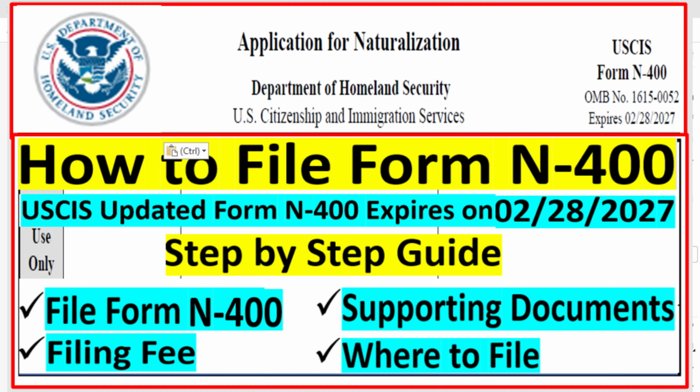They tell you in Part 4, list every location where you lived during the last 5 years if you are filing based on general provisions. If you are filing as a spouse of a U.S. citizen under item number 1B in Part 1, information about your eligibility, list every location where you lived during the last 3 years. So for a spouse it's going to be just the last 3 years. But if you are a green card holder, 5 years.